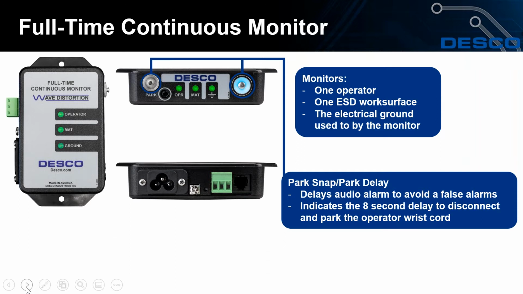So if I got up to go to break, lunch, whatever, and I just unsnap my cord, that monitor is going to alarm. That's going to be a false alarm, and we want to try and eliminate those if we can. So what this parking snap technology does is allow you to touch on this monitor the blue LED, which I'm going to demonstrate, or the parking snap itself.